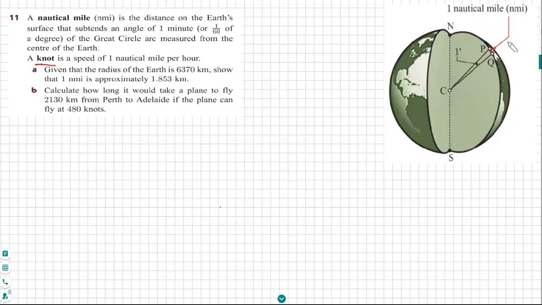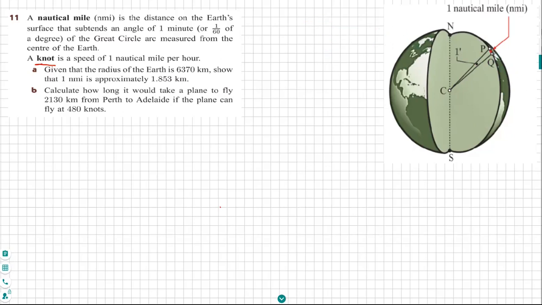So basically 1 nautical mile is the distance. Obviously, because Earth is almost a sphere, when you cover a distance, you basically cover the distance along an arc. This distance is not exactly a straight line distance. It must be a curved distance, right?